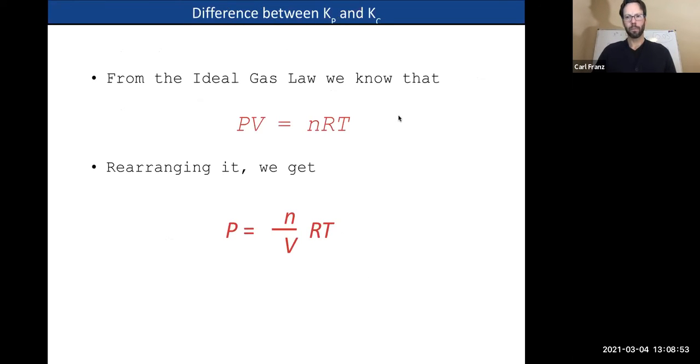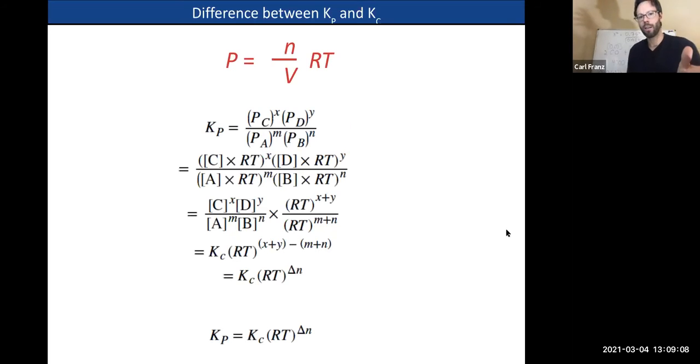And then we said that if we take the ideal gas law, PV equals nRT, and get P by itself, and then crunch it in with the equilibrium expression and do some derivations, we get that the equilibrium pressure constant is equal to the equilibrium molar concentration constant times the gas constant times temperature, raised to the power of the change in the molar concentrations, or the coefficients.